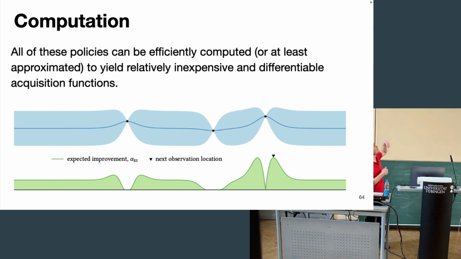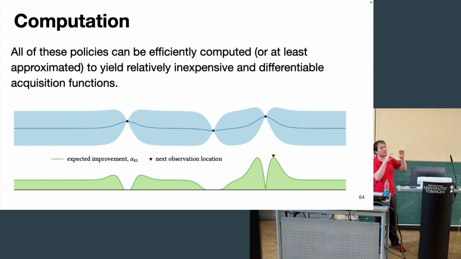Well, the key is that in Bayesian optimization, we usually assume that experimentation is extremely expensive, and usually I can't get any insight into the derivative unless I do a finite difference or something like that. Whereas the acquisition functions that we derive in this Bayesian decision theoretic framework or some other framework are usually very inexpensive and differentiable.